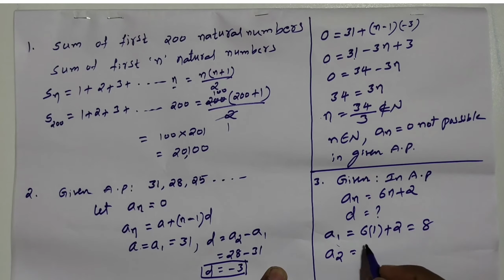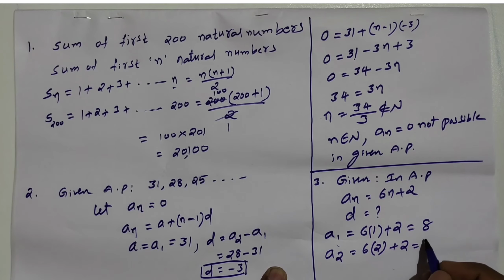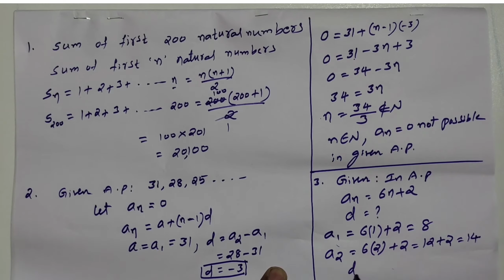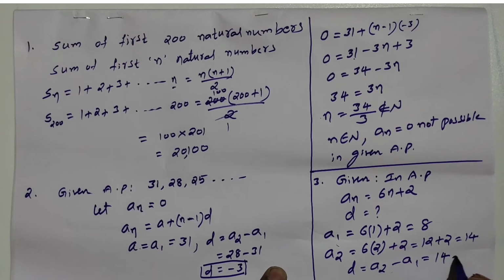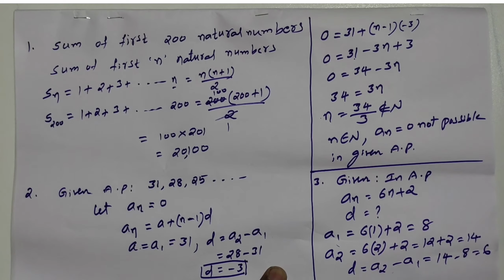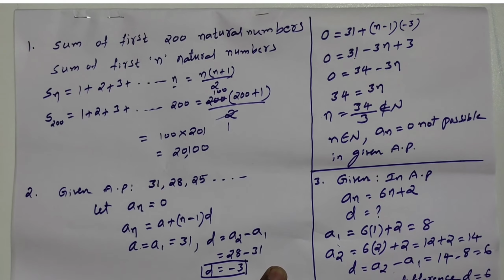And a2 is 6 into 2 plus 2, 12 plus 2, that is 14. As the common difference formula, a2 minus a1, that is 14 minus 8, is equal to 6. So common difference d is equal to 6.